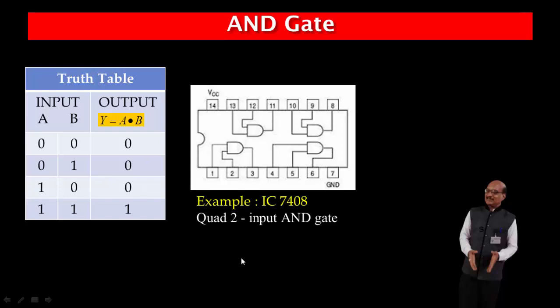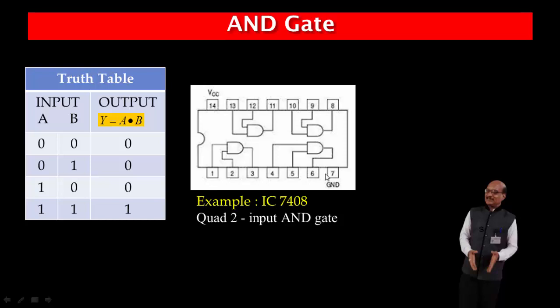Now the example of this AND gate is IC 7408. So in the market you will get this logic AND gate in IC 7408. This IC has 14 pins for external connection. The arrangement of pins is made in two lines, so this is called a dual line package.